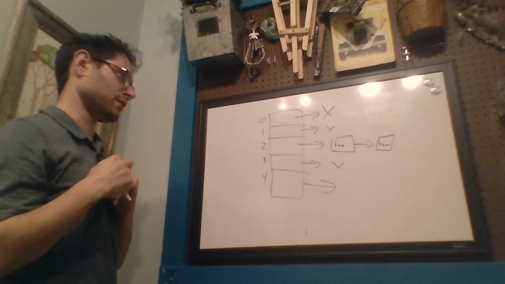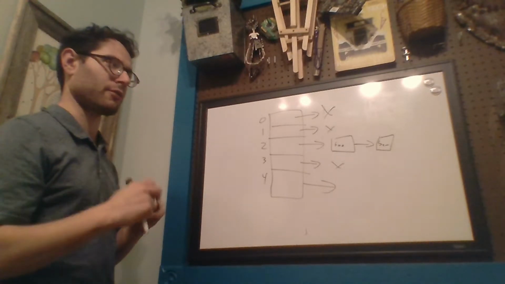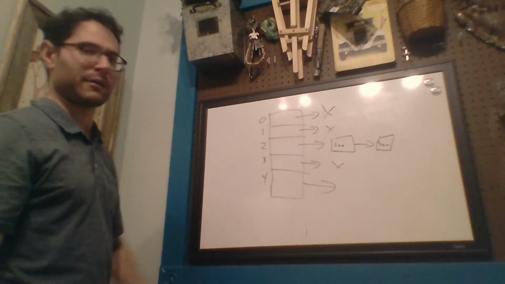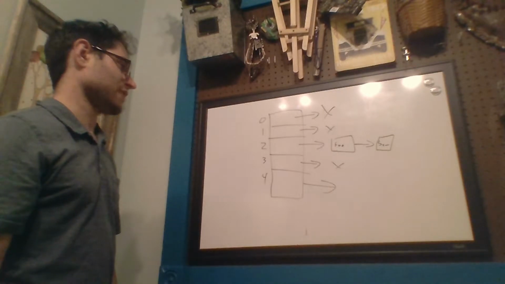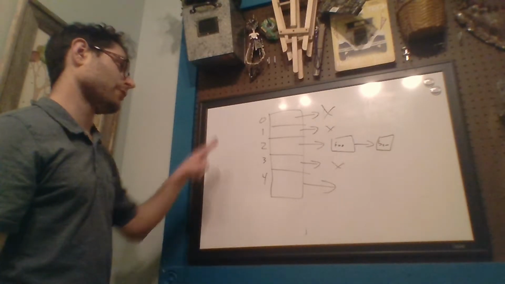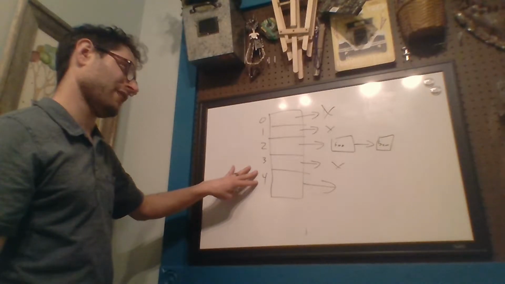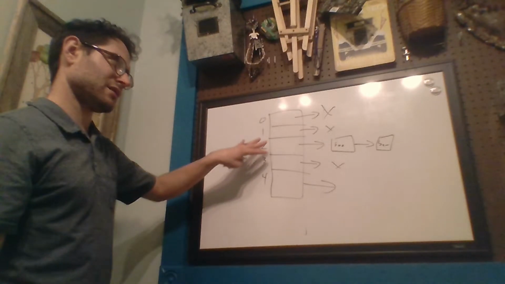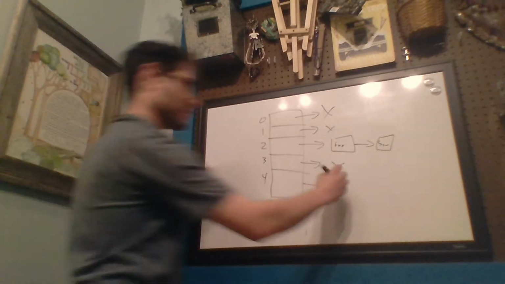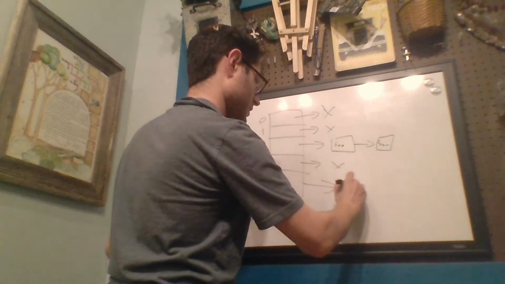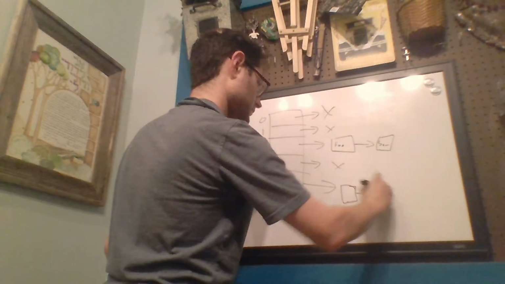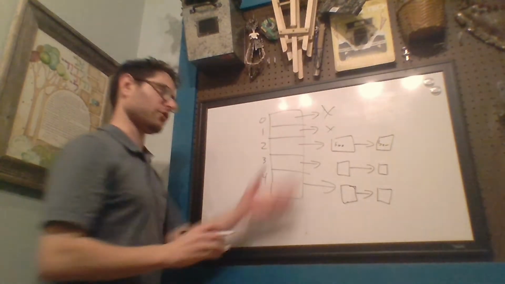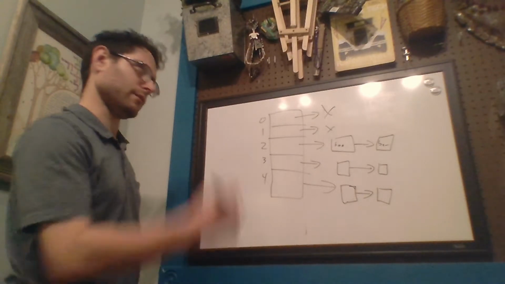And the other way to do that was chaining, which is that rather than holding a single item in any slot in the array, we instead let each slot of the array be a linked list. And as we insert items into it, if there's collisions, we simply add an item to the linked list.